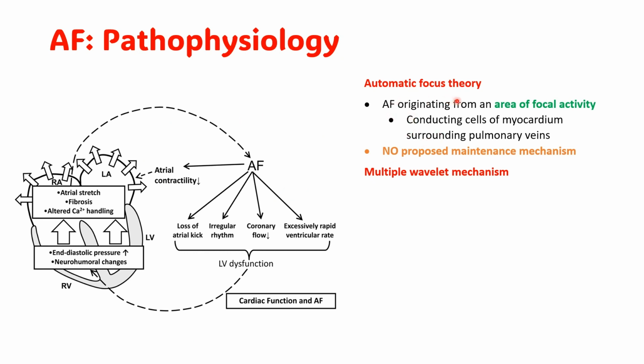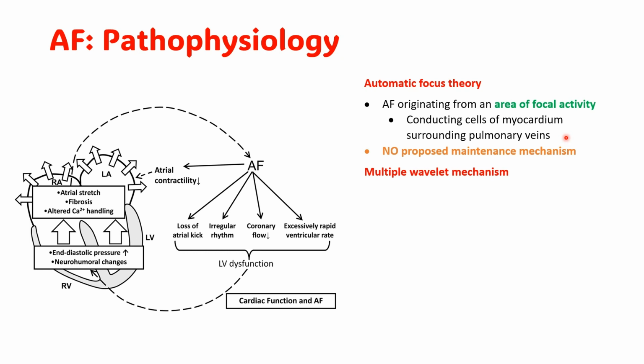So the automatic focus theory is when AF originates from an area of focal, so focal or localized electrical activity. So this is essentially when you have conducting cells of muscle, myocardium, heart muscle, surrounding typically the pulmonary veins, and this area of focal activity can produce ectopic atrial electrical activity.